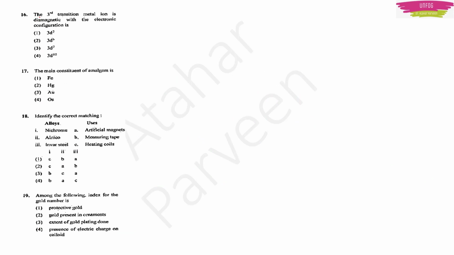Now the 16th question here. The third transition metal ion is diamagnetic with the electronic configuration. If you want a transition metal or any element to be diamagnetic, it should have paired electrons, and the 3d10 configuration has no unpaired electrons.